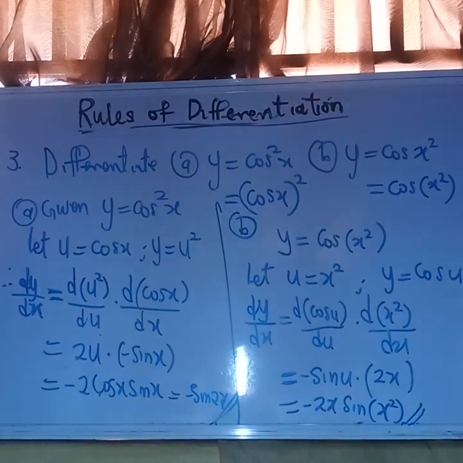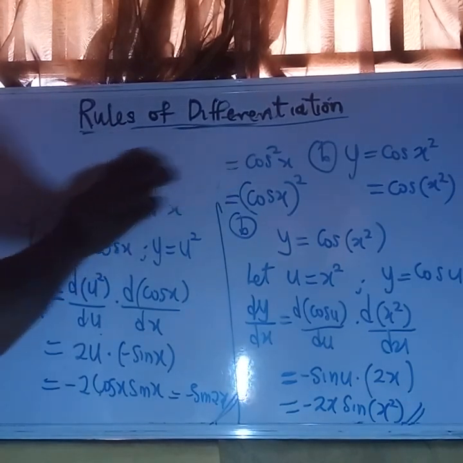So let us now look at the case of the chain rule versus the power rule, the case where we use both the chain rule and power rule concurrently. Just to state it, and then we consider a few examples.